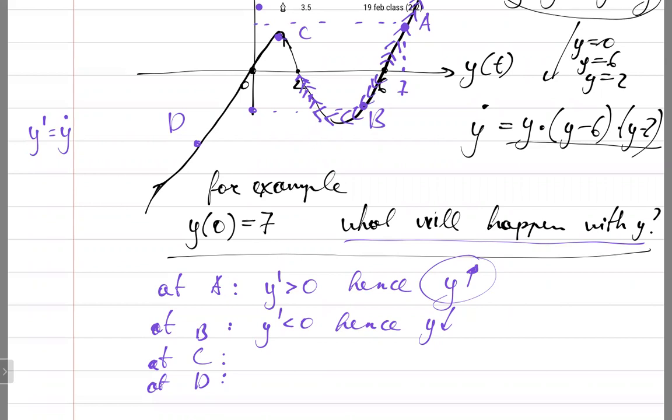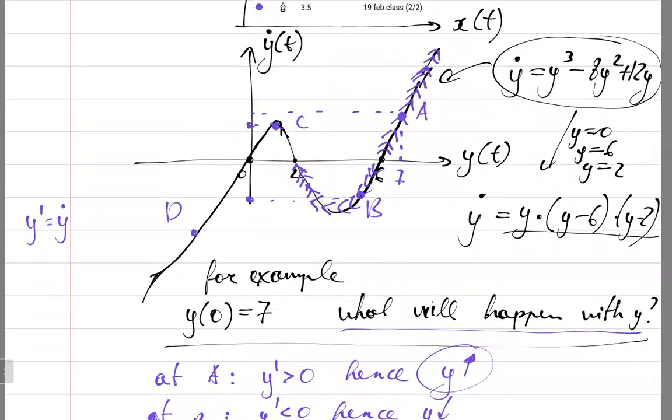No, be careful. Our plot is not a function y of x. Our plot links y prime and y. I don't care whether it's the maximum on the graph or not, to understand the dynamics of y. I completely agree that y prime is positive. Why is it positive?